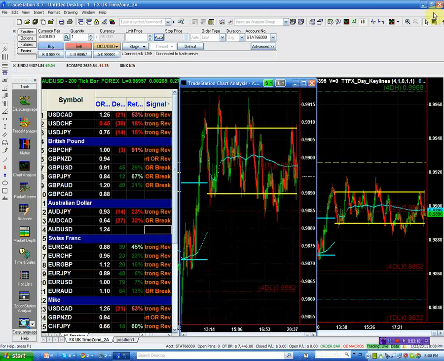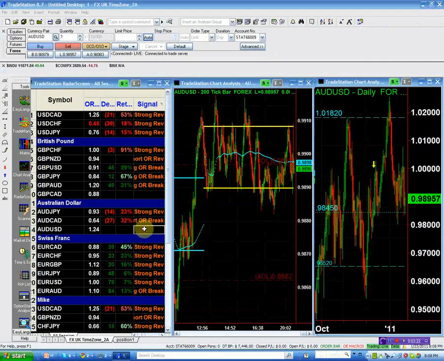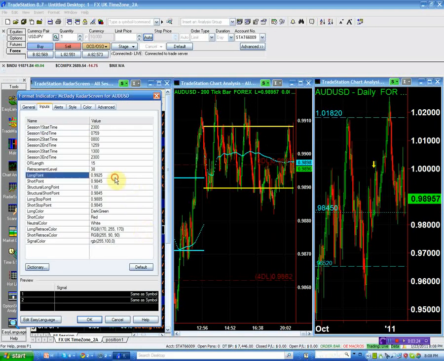So my short point on the Aussie, if it comes below 98.45, that's the structure, but let's leave it at 98.45. Our short point is 98.45 from last week. It is also our structure short, and it is also my short stop.